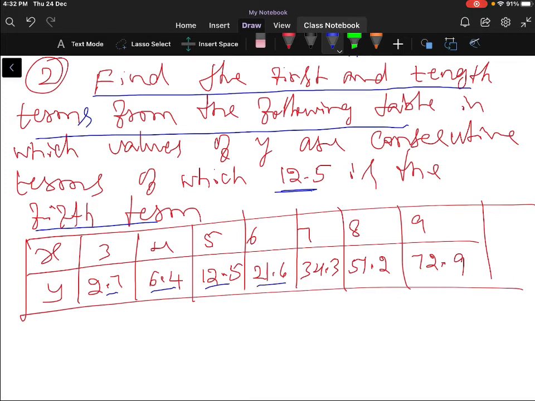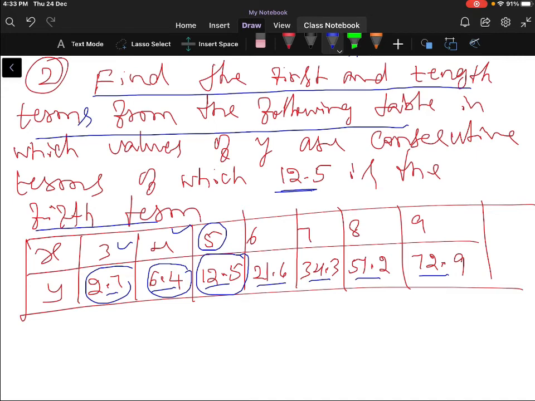The corresponding y values are 2.7, 6.4, 12.5, 21.6, 34.3, 51.2, 72.9. Here the fifth term is 12.5 at x is equal to 5. So the fourth term is 6.4 at x is equal to 4. The third term is 2.7 at x is equal to 3.